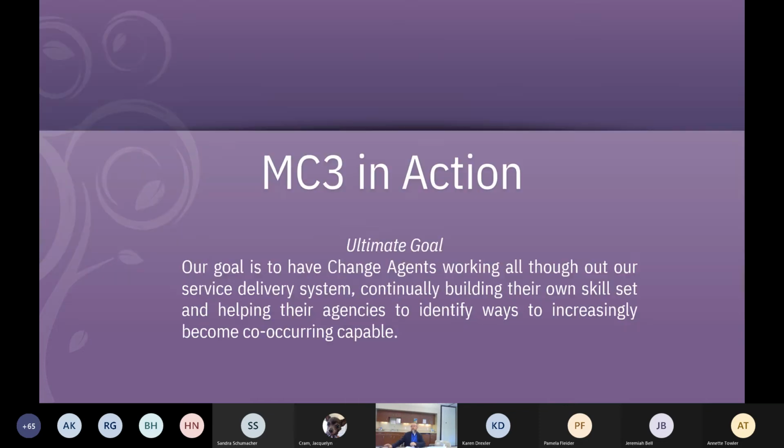So a little bit about MC3 in action. Our goal is to have change agents working all throughout our service delivery system, continually building their own skill set and helping their agencies to identify ways to increasingly become co-occurring capable. That sums it up.